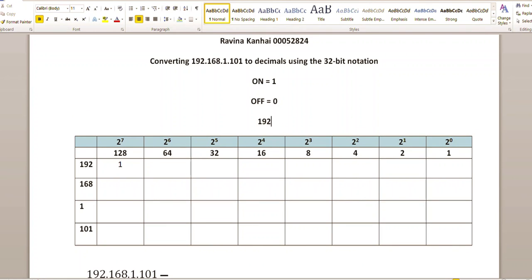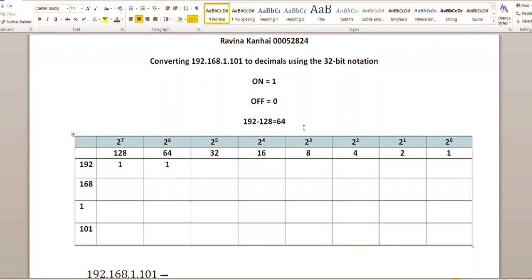Now we simply minus. 192 minus 128 will give us a total of 64. So we remain with 64. Can 64 go into 64? Yes, so we place another on value.